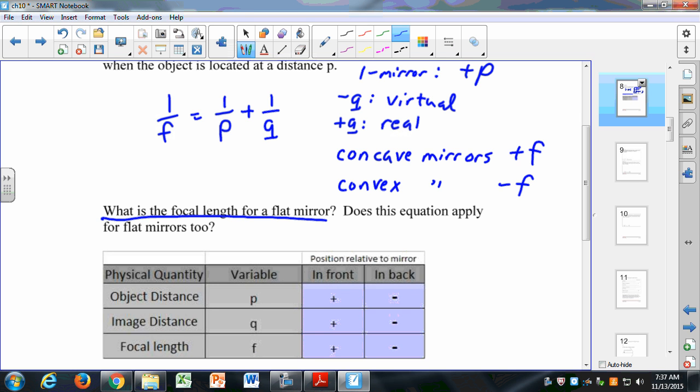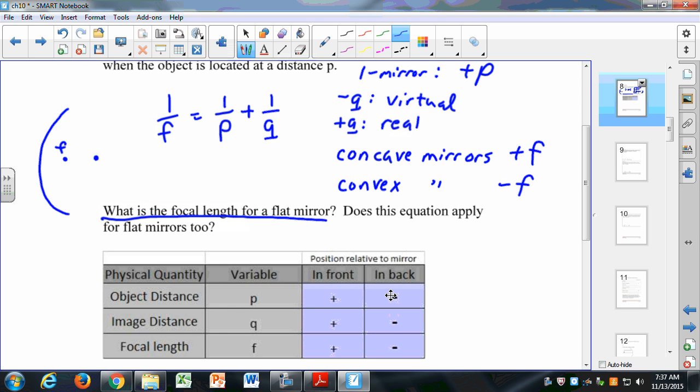Remember, if I have a mirror and this is the radius of curvature, this is the focal point or the focal length. What is that value for a flat mirror? It's not 1 or 0, but you're thinking along the right lines.